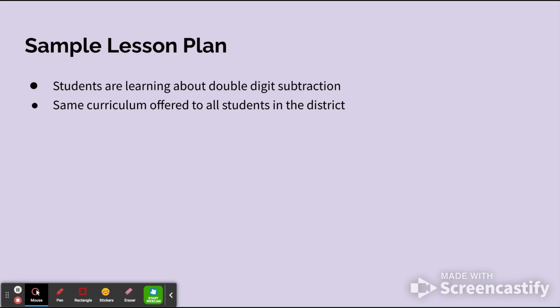This is the same curriculum offered to all students in the district, whether they are at grade level or, for my students, some are 2 to 3 grade levels below grade level. And they should still be getting access to second or third grade curriculum, which is what I teach, but there should be ways that this can be modified or a curriculum appropriate for their learning needs.